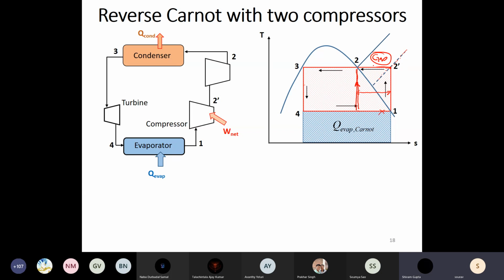Now this is no more an isobar. The isobar would have been somewhat this or this. So from 2 prime to 2, again it is a compression process in which the compression, instead of being an isentropic compression, has become an isothermal compression. That is exactly what I was telling you for the air example.